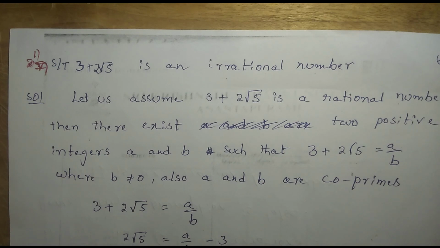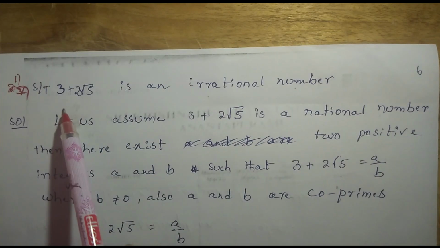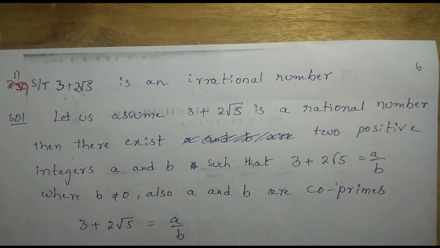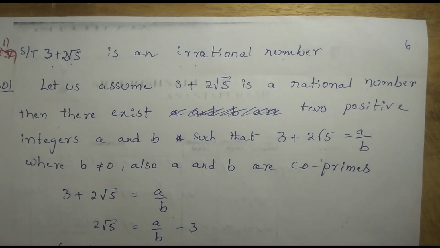Now we will take another problem from exercise 1.4. Show that 3 plus 2√5 is an irrational number. To prove that any given number is an irrational number, we must follow the contradiction method. Okay students? Solution.